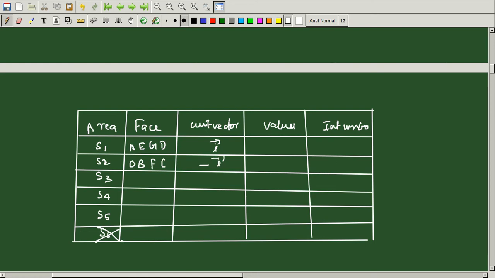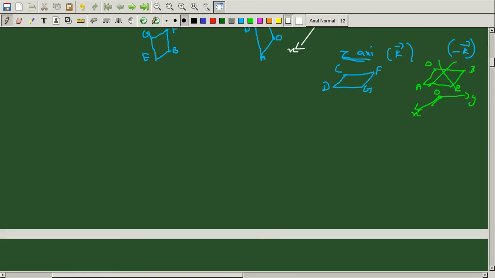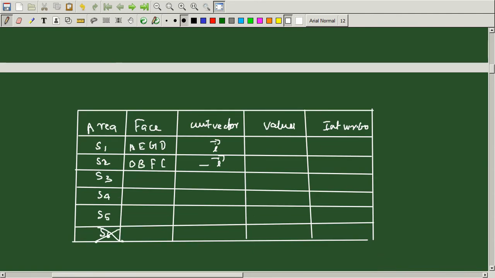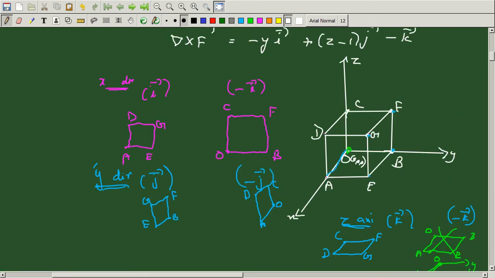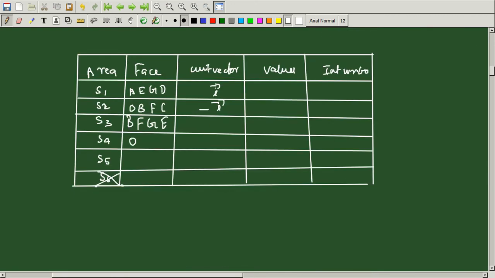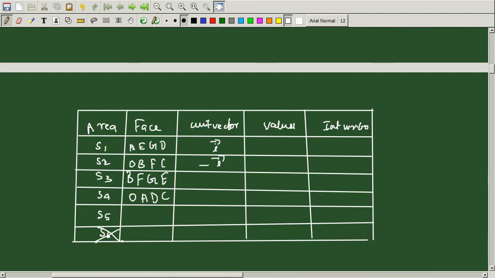Next, along the y-axis, start from B: B, F, G, E. Next, the opposite of y is O, A, D, C. Next, for the z-axis, we start from C, D, G, F. That is C, D, G, F.